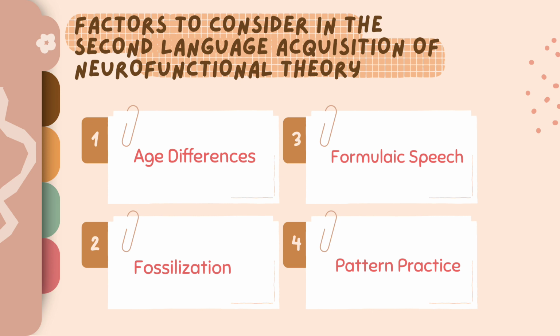The first factor to consider is age differences. Some adolescents or adults who start to learn a second language fail to achieve language fluency, while children who were exposed to a second language at a young age seem to be proficient like native speakers.